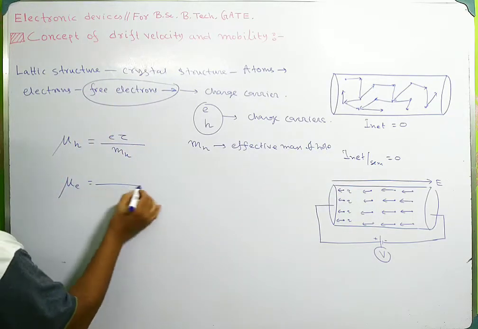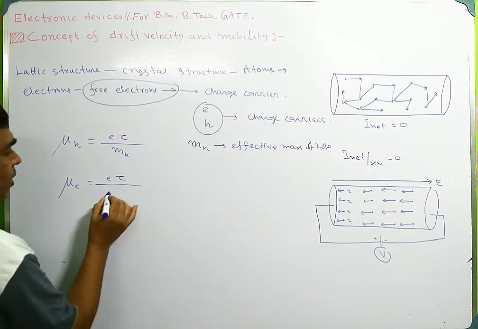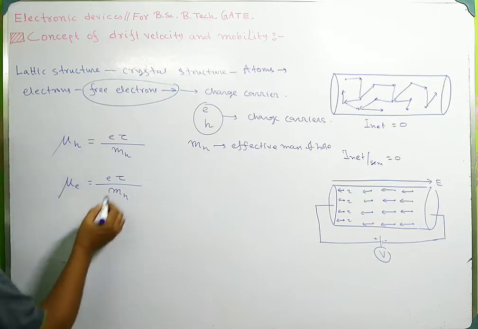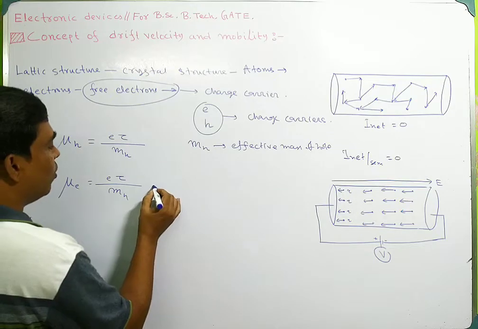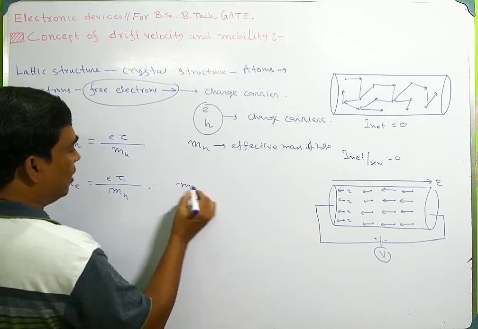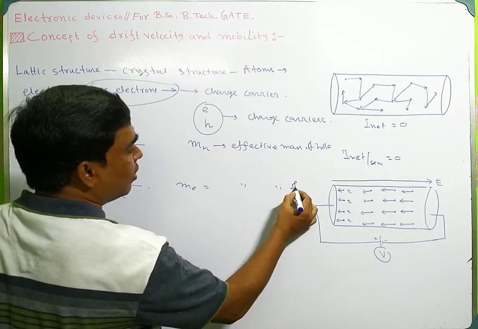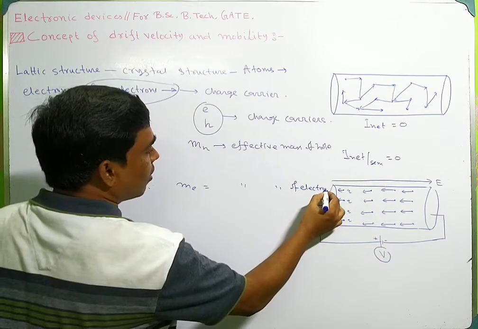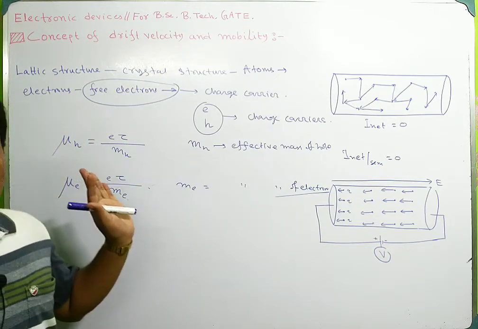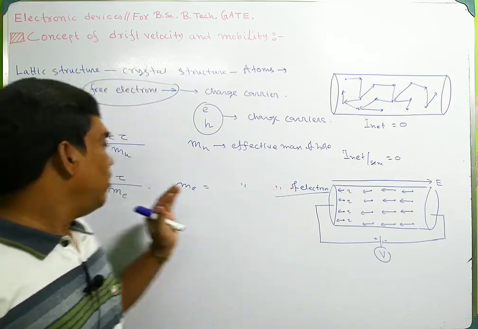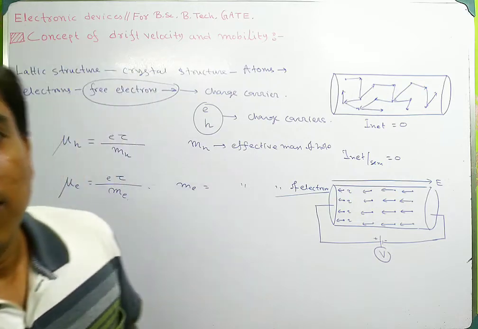And the mobility of an electron is the charge of the electron times tau divided by m_e, where m_e is the effective mass of the electron. This is the drift velocity and mobility of free electrons and free holes.